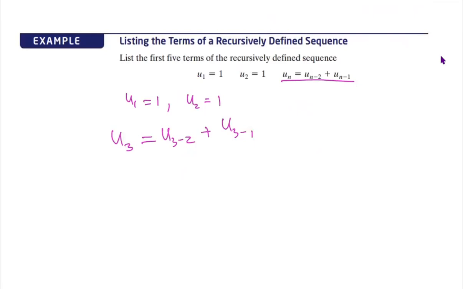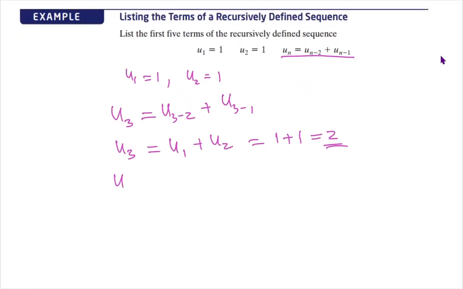So u3 would be u1 plus u2. So that equals 1 plus 1 equals 2. So u3, we found it, equals 2.